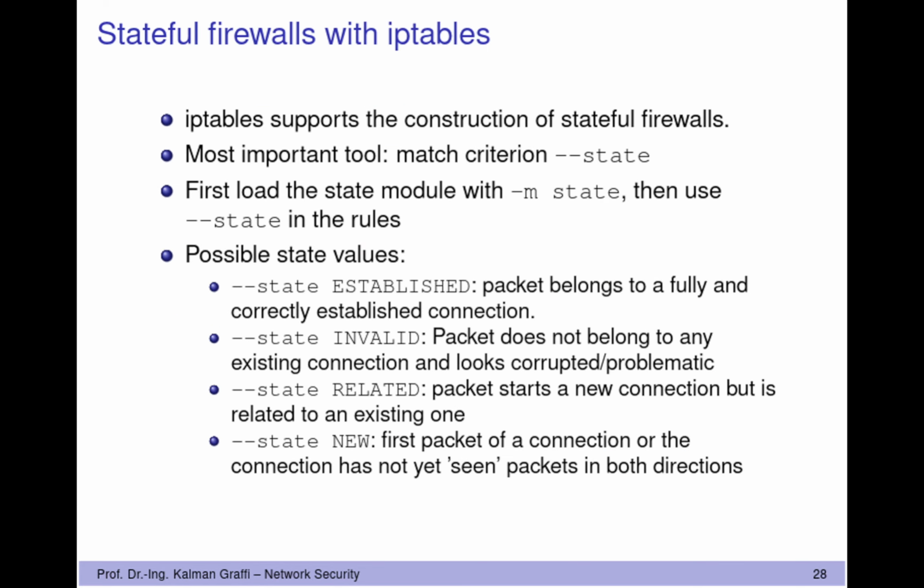Okay, so what do we further have for stateful firewalls in iptables? iptables also supports this. Now we have the criterion of state, and it needs to be loaded first.